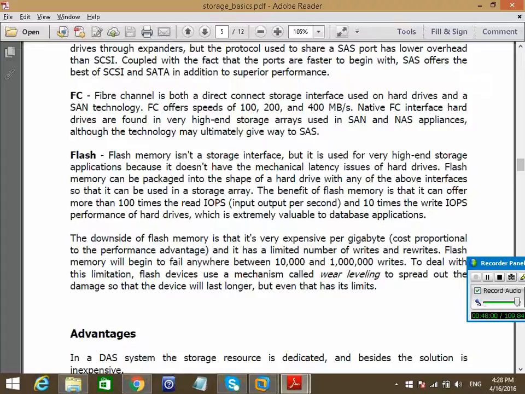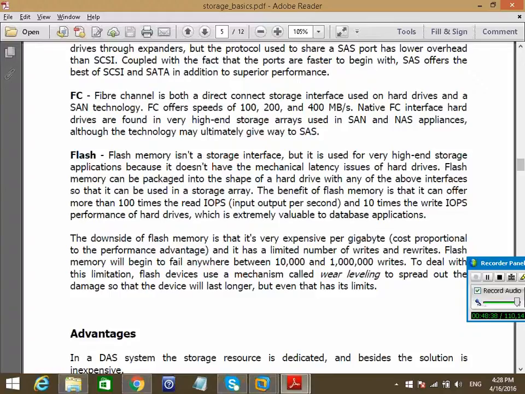Flash memory can be packaged into the shape of a hard drive with any of the above interfaces so that it can be used in a storage array. The benefit of flash memory is that it can offer more than 100 times the read input-output per second. When you purchase these hardware, you look for the RPM, rotations per minute, while for flash memory, it is the input-output per second. The downside of flash memory is that it is very expensive per gigabyte.